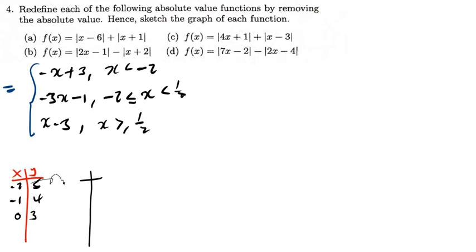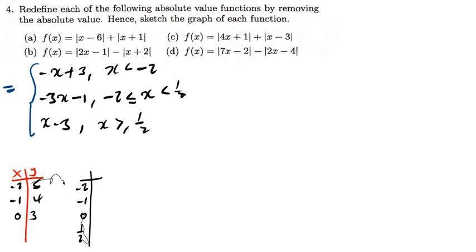I end there. In between, we have been told that the values of x should be between negative 2, negative 1, 0, and half. Just like that. So if x is negative 2, negative 2 times this one is positive 6.